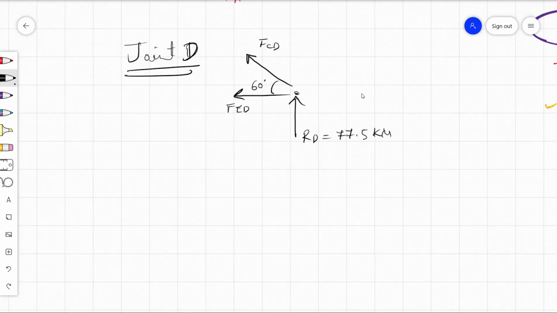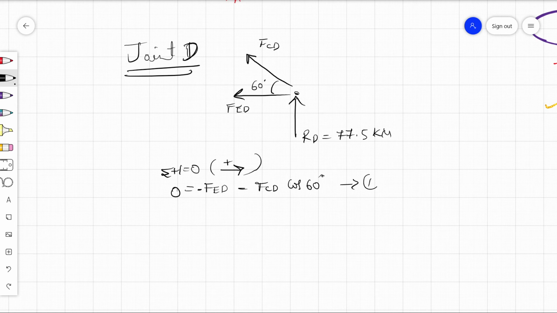What we do is summation of horizontal force is equal to 0. What is the horizontal force you see over here? The horizontal force is FED, and we have taken whichever goes in this direction as positive, right? So it will be minus FED minus FCD into cos 60 degree. This is our one equation.